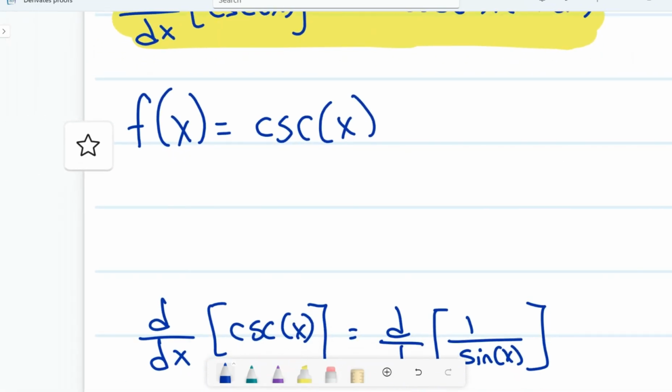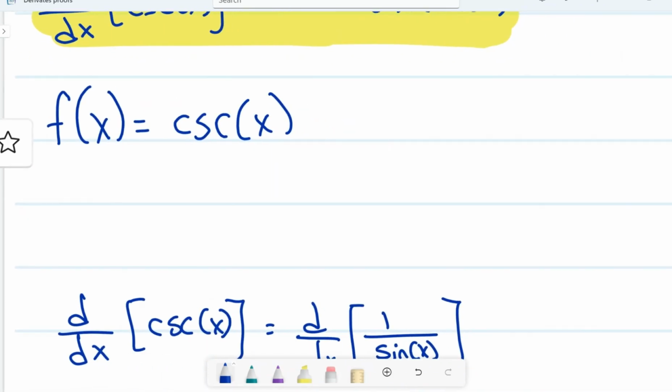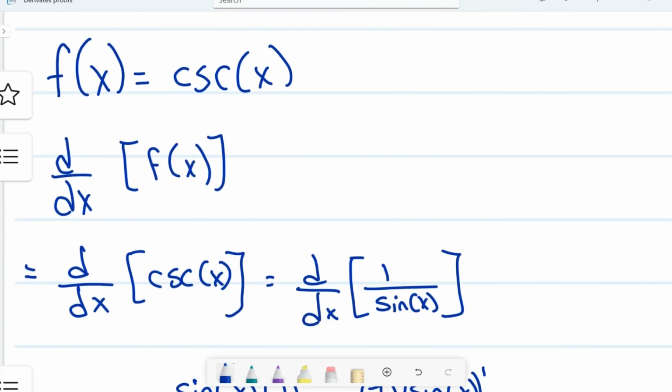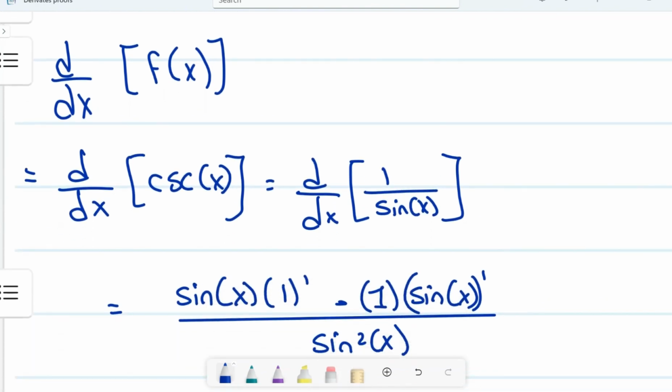Let f of x be cosecant of x. Now the derivative of f of x is equal to the derivative of cosecant of x. We can write cosecant as 1 divided by sine. So this is the derivative of 1 divided by sine of x.